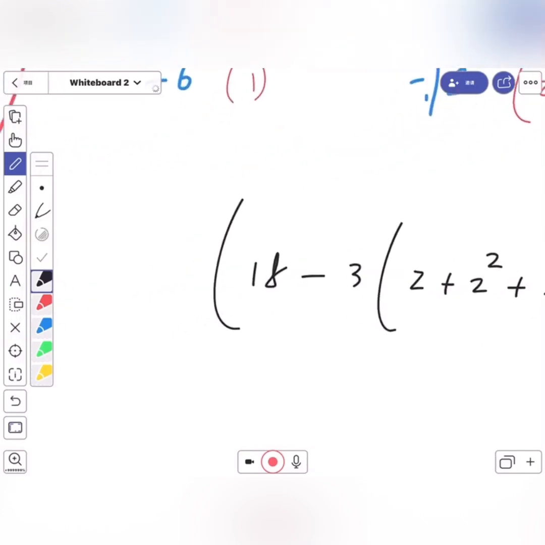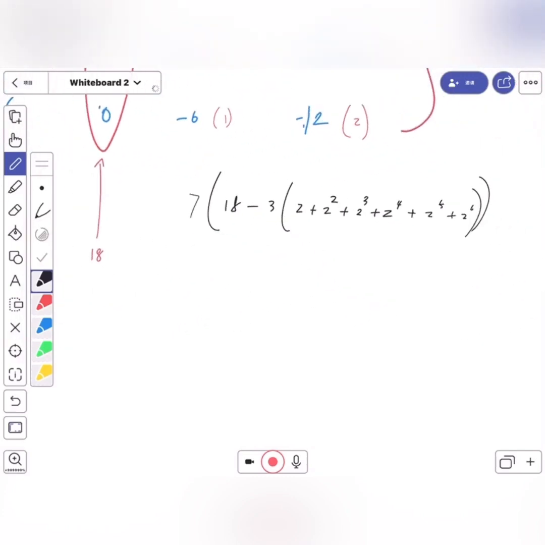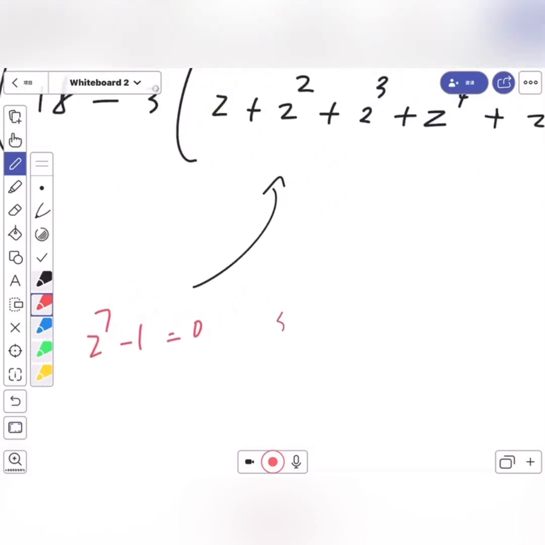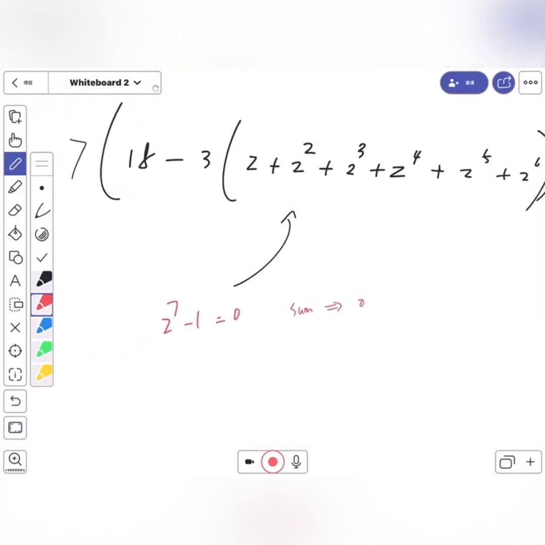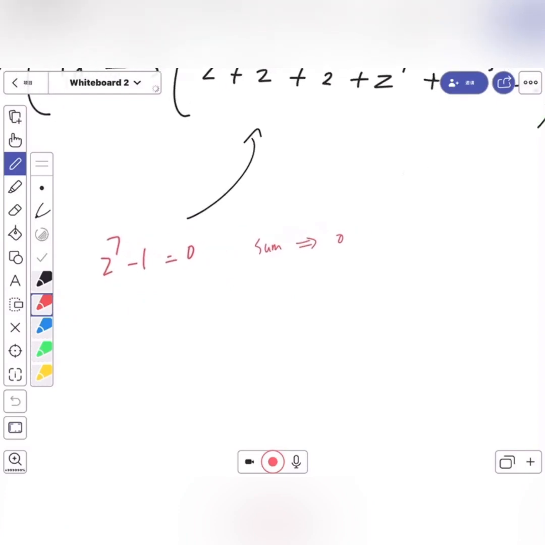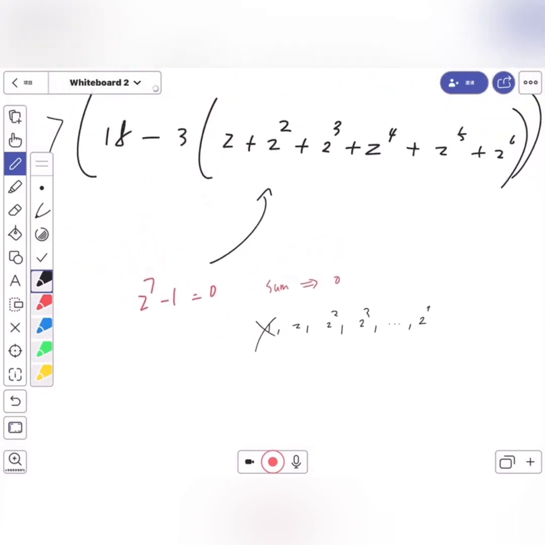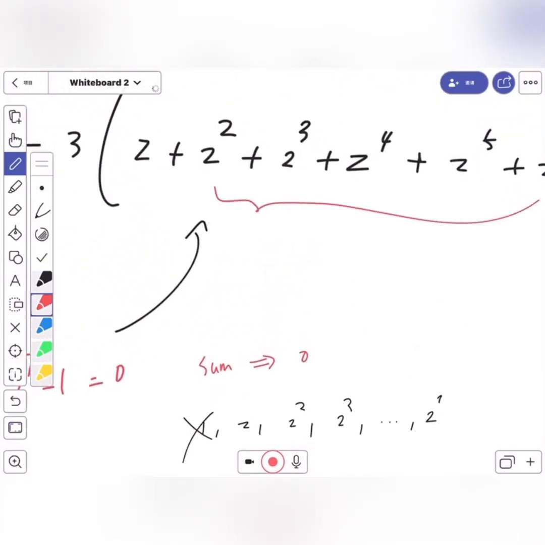And then we just multiply this by 7. So because z is a solution to z to the 7 minus 1 equals 0, by Vieta's, we know that the sum of solutions is going to be equal to 0. But notice that the sum here is z, z squared, z cubed, up to z to the 6th, so we subtract 1 from the sum, and we get that this sum is in fact equal to negative 1.